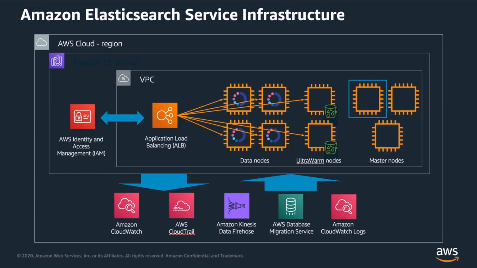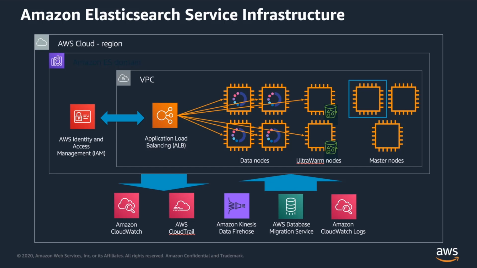You can also transfer data from other data stores into Amazon Elasticsearch service by using AWS Database Migration Service. And if you are streaming logs into Amazon CloudWatch logs, for example, with AWS Lambda, the logs by default go into Amazon CloudWatch logs. Over there, you could create a subscription filter on your log groups to automatically ingest all of those logs into your Elasticsearch cluster as well.